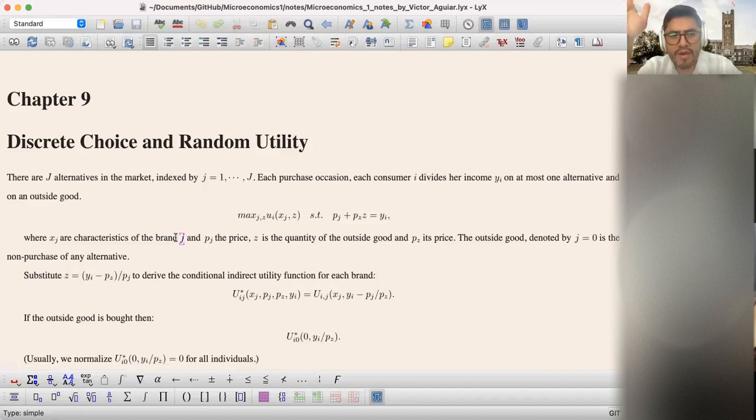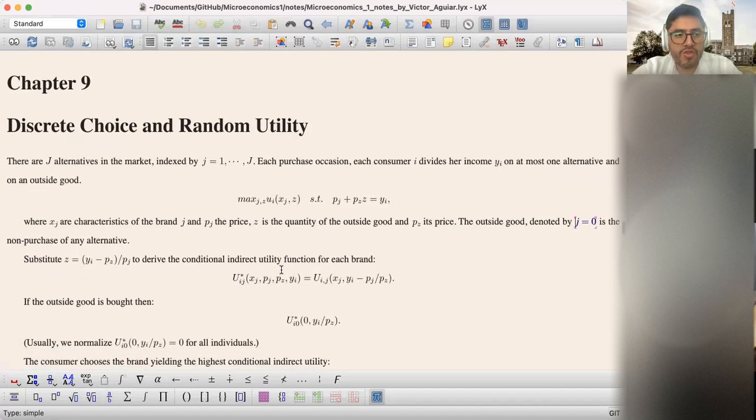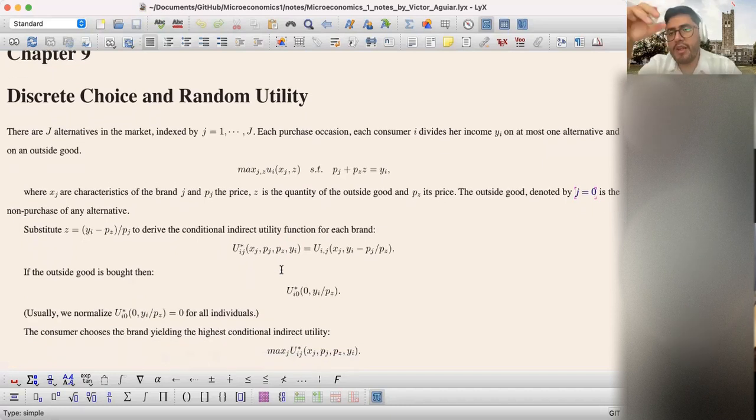And all of that is, well, price is actually separated here. So price is not in X. Price here is going to be outside, but X contains other things that are features of a car, for instance. And then, we also are going to denote this quantity Z as the outside good, right? But not purchasing anything. So if you select j equal to 0, then you don't buy any car, and then you spend everything on the outside good.